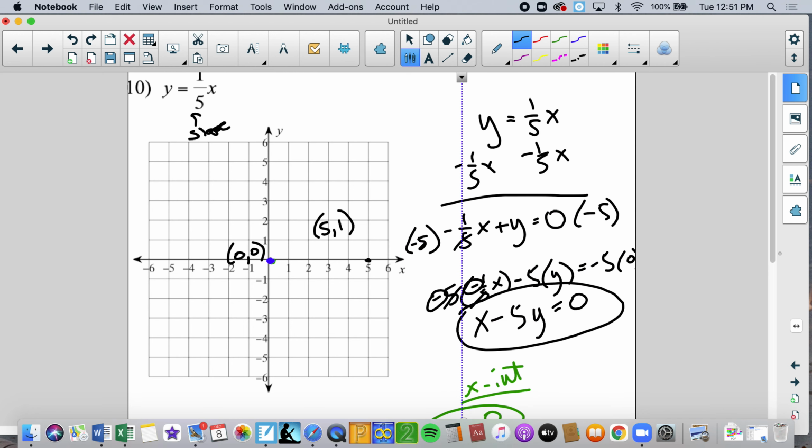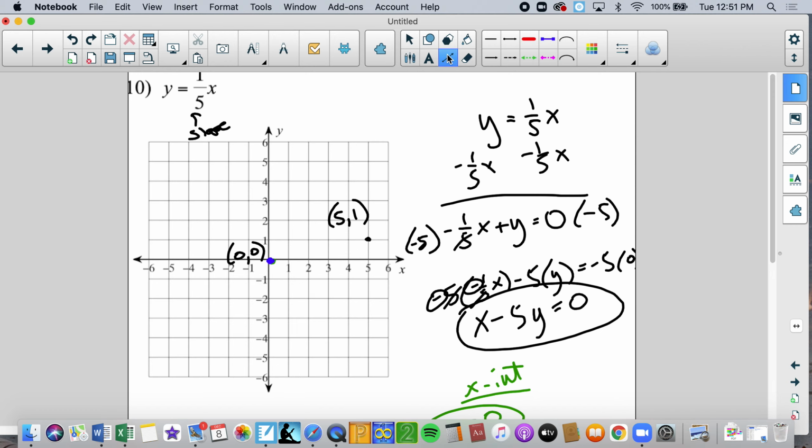And that's there. And now we can draw our line. Now we can graph our line. That's just trying not to get it into our work, as you see. Good. Okay. So that is number 10.